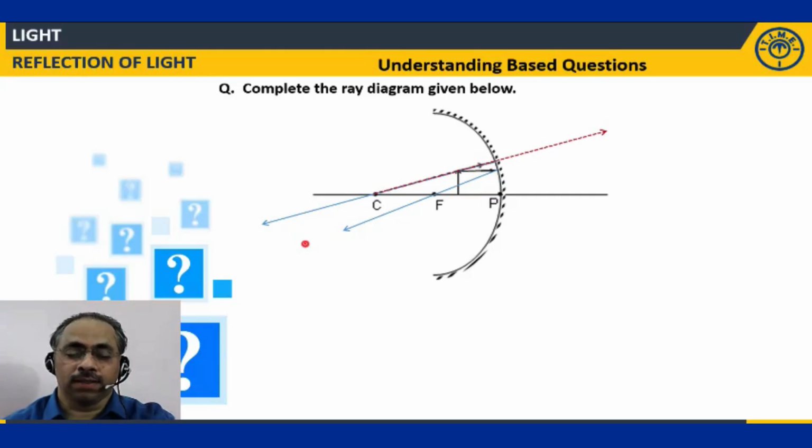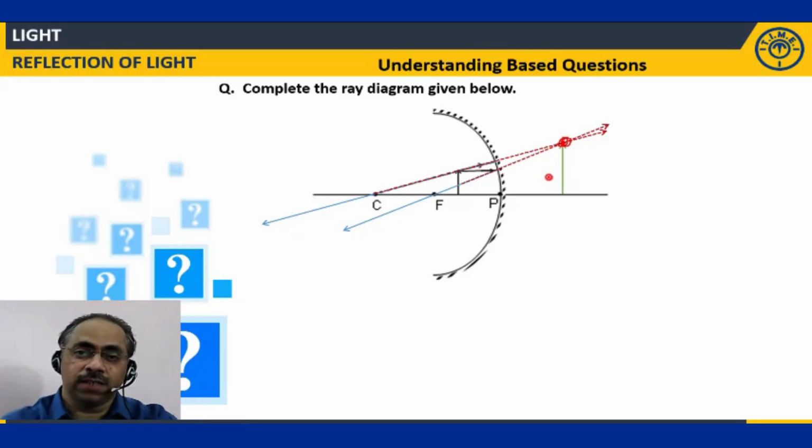This light ray will go this way, the second one will go this way. So now here you have a point where these two light rays meet. This particular point is where you will get the image. Clear? So this is the point under consideration where you will get the image. Right? So this completes the ray diagram.